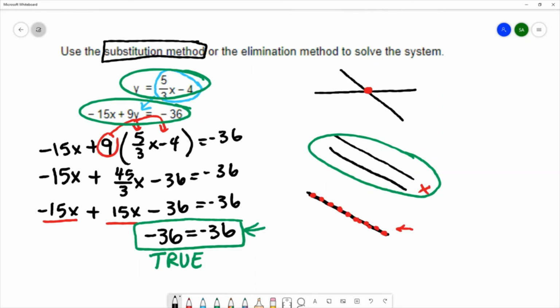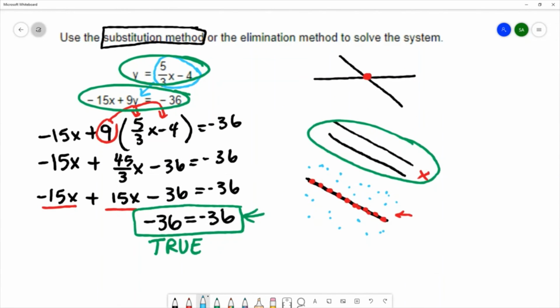So when you write the solution to this, you have to write it in a special way, because although there are infinite solutions, it's not just any ordered pair, it's only the ordered pairs that are on that line. So there are a bunch of ordered pairs in the plane that do not fall on that line. None of those ordered pairs will be solutions to the system. So we want to write down only the ordered pairs that are on the line.